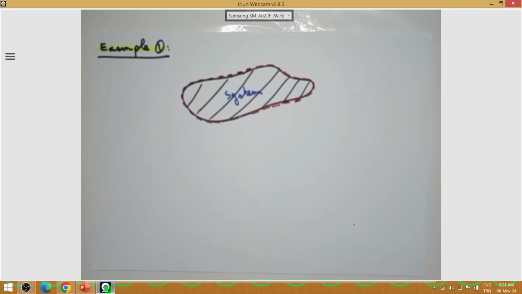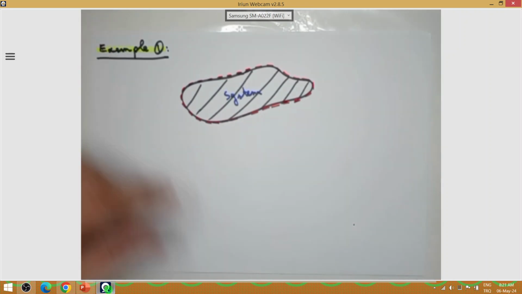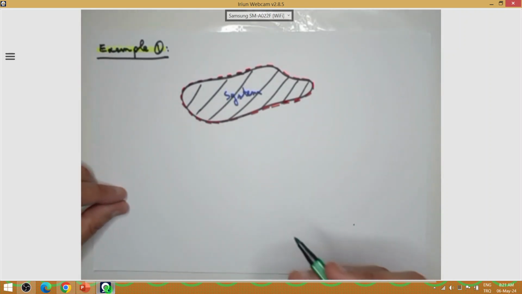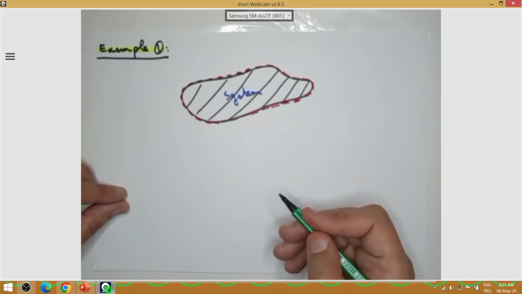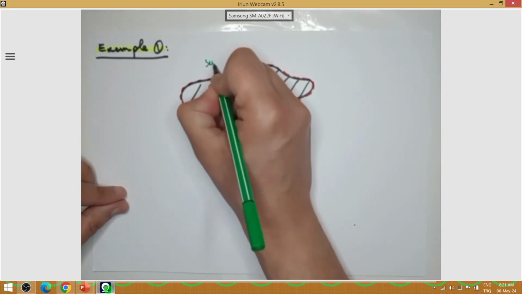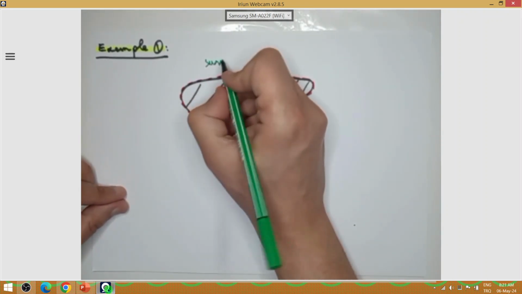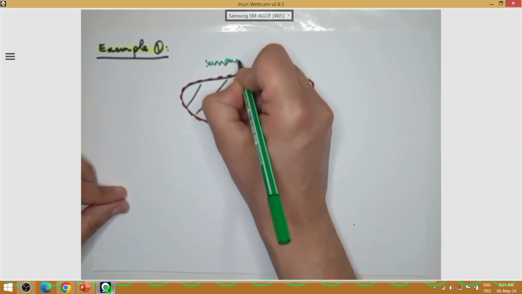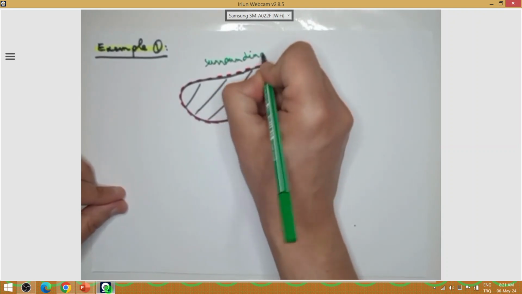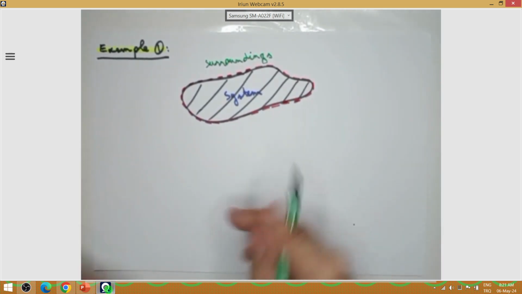Also, we spoke in our notes, note 1, note 2 and note 3, about surroundings. What is outside of our system and outside of the boundary is what we call the surroundings. Surroundings can be here, surroundings can be here.